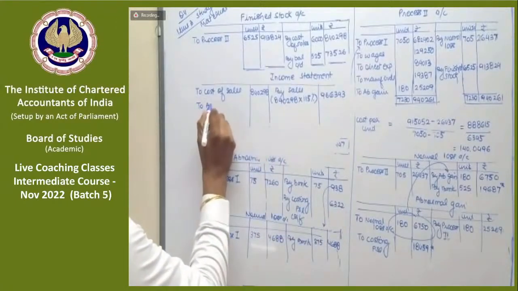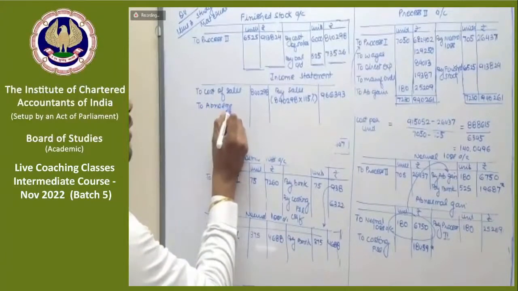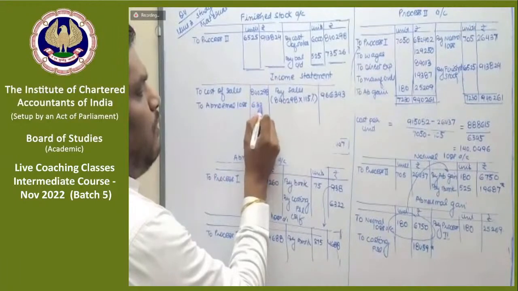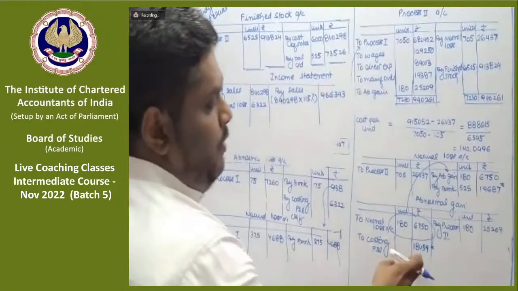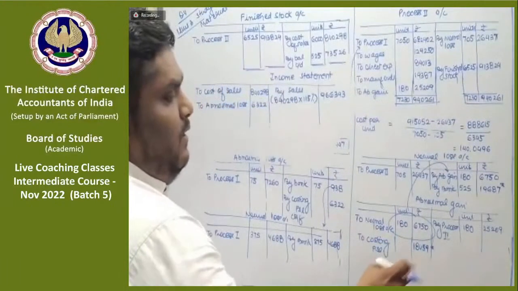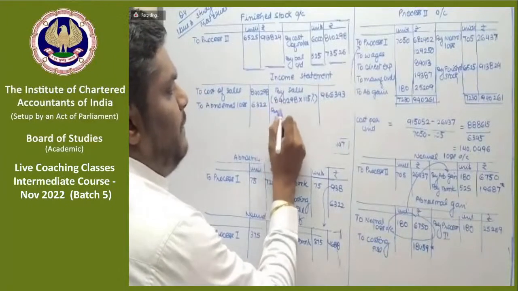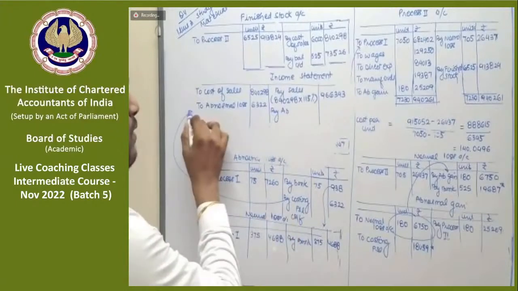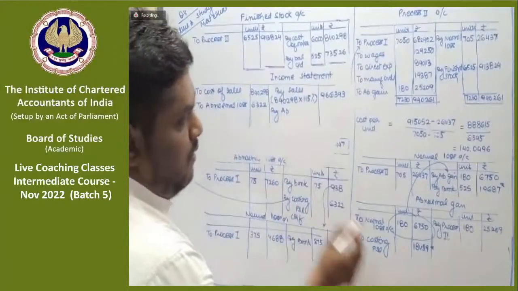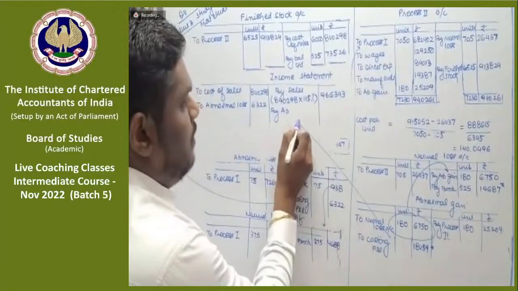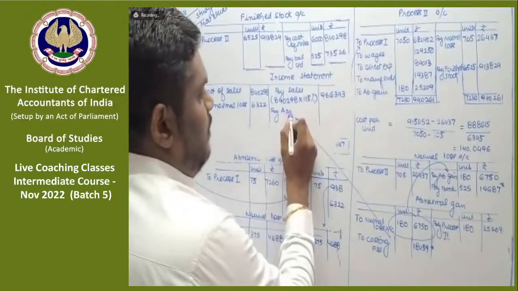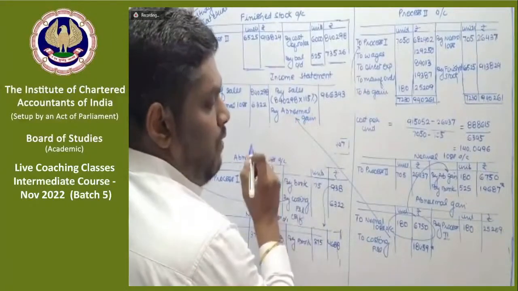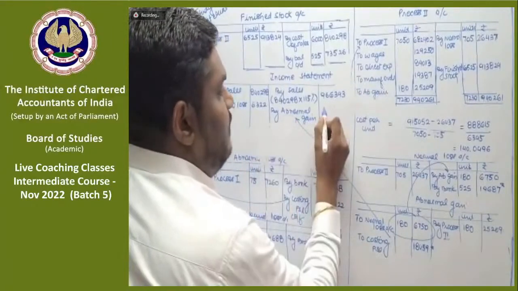So to abnormal loss, 6,322. Further, some amount is to be transferred to costing P&L from abnormal gain also. So by abnormal gain, $18,459.